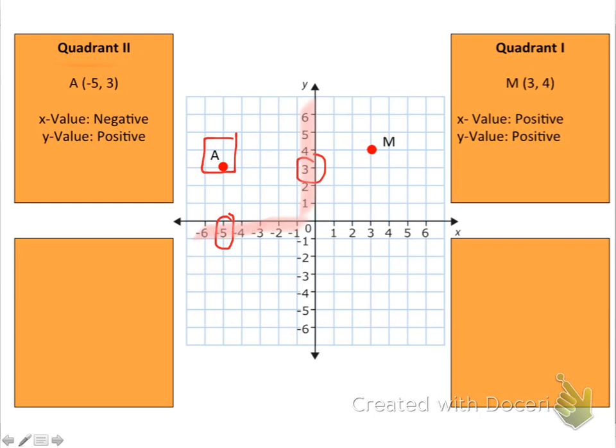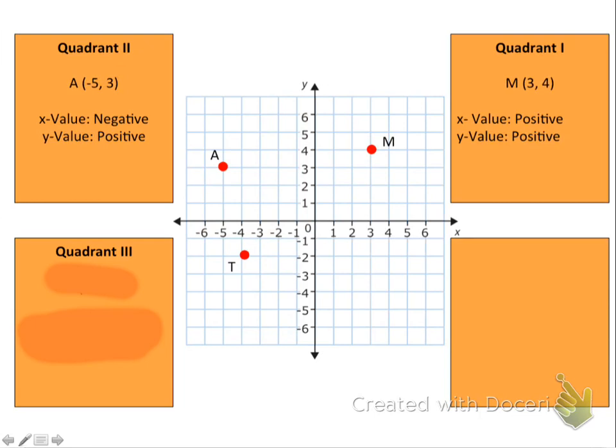All right, now let's talk about quadrant 3. Quadrant 3 is this quadrant down here. In quadrant 3, we have point T, and let's find the coordinates of point T. Remember, x always goes first, and -4 is on the x-axis. -4 and -2. So our coordinates for point T are (-4, -2).